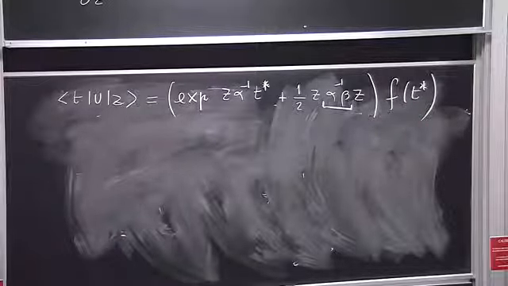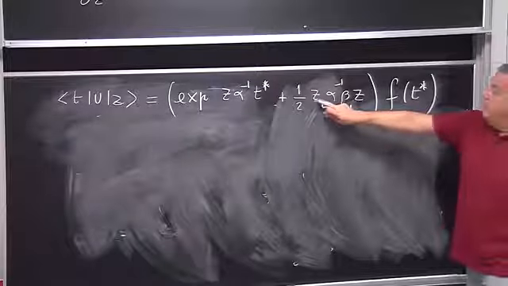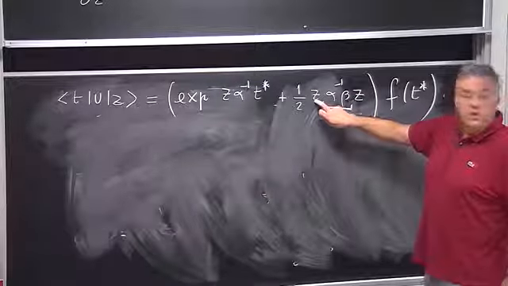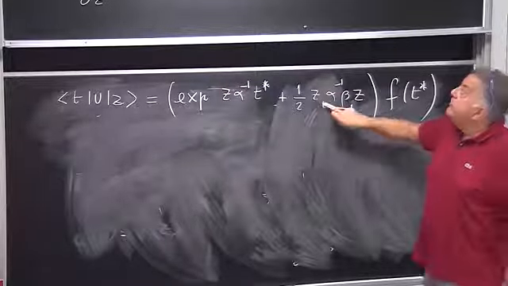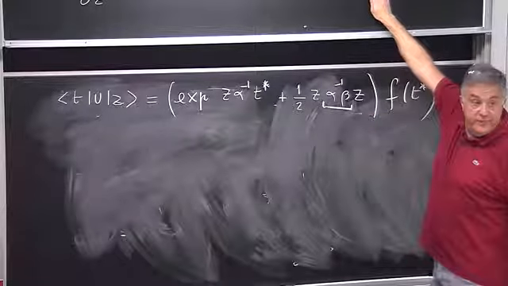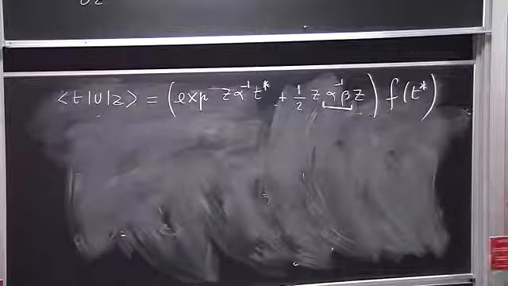Okay, because I acted here, so when I differentiate with respect to z, this is going to give this only if the matrix is symmetric. Is it symmetric?